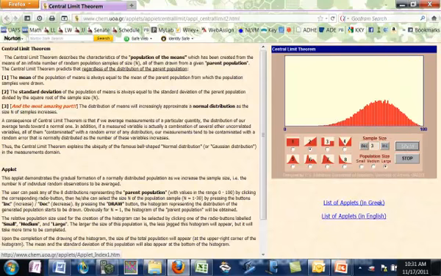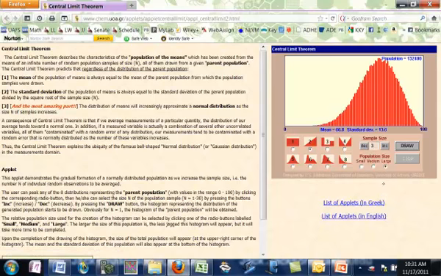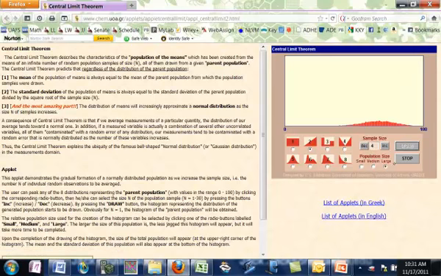Sample size of 3, the skewness is still there, but going down, looking more like a normal. Here's a sample of 4. Now it's starting to look more like a normal. Okay, and we're still seeing a bit of skewing here. But by the time we get up to, say, size 10, this one's pretty darn close to a normal.